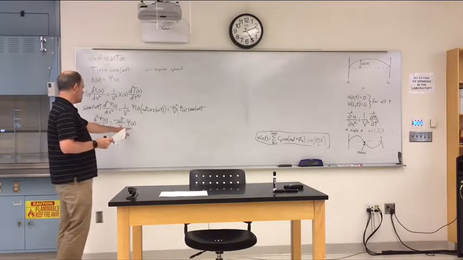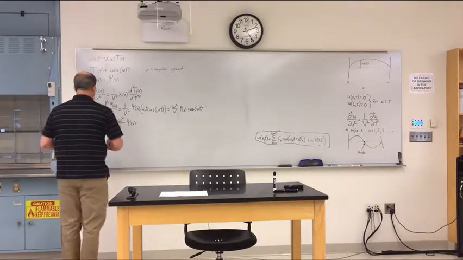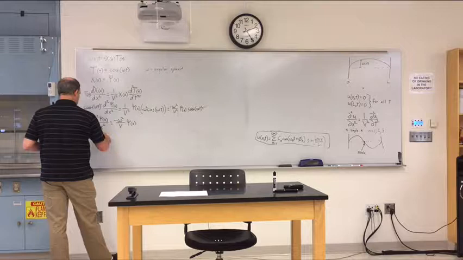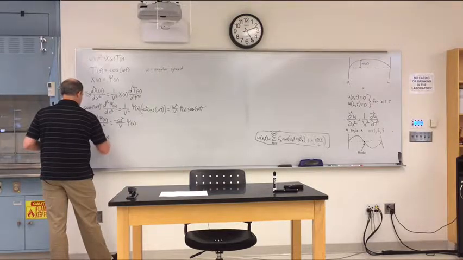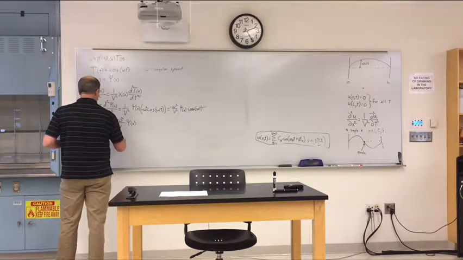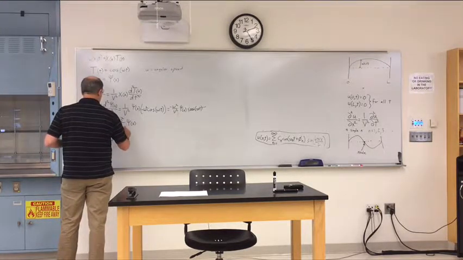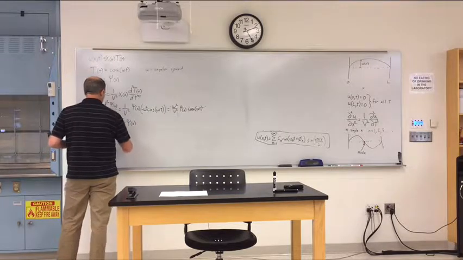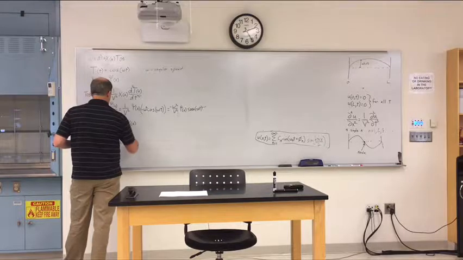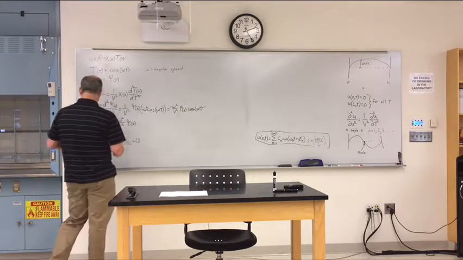If we move this to the other side, right, add it to both sides, we get d squared psi of x over dx squared plus omega squared over v squared psi of x is equal to 0.